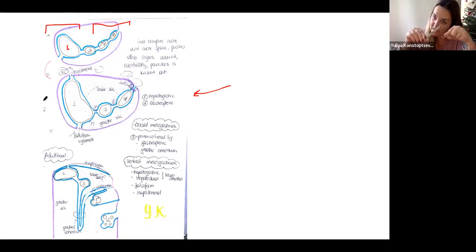What is the organ right next to it, which is a bit behind? Pancreas. Spleen. Spleen. What was right next to the spleen? Originally, what was here? Pancreas. And what was next to the pancreas? A body wall.